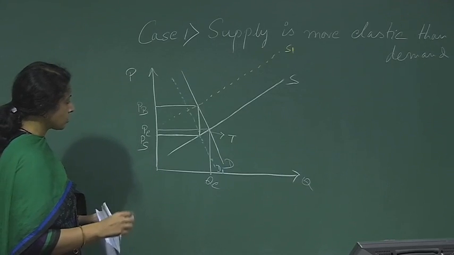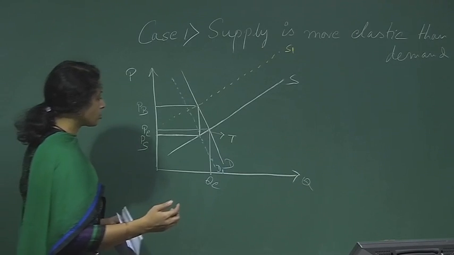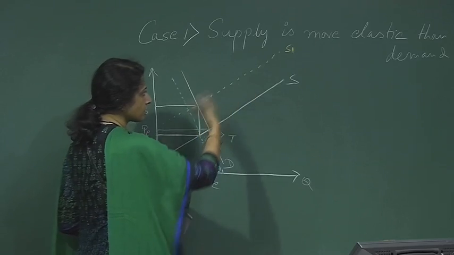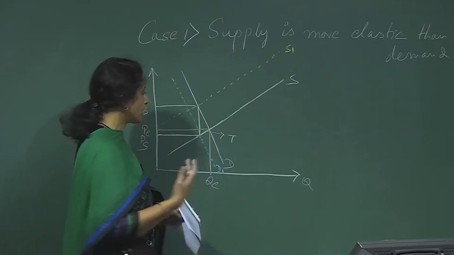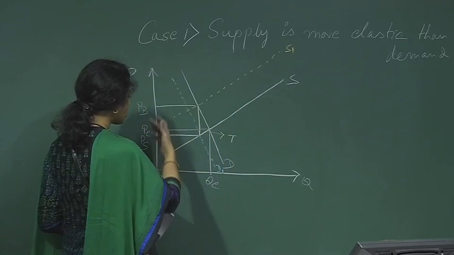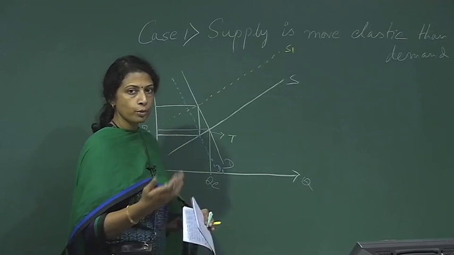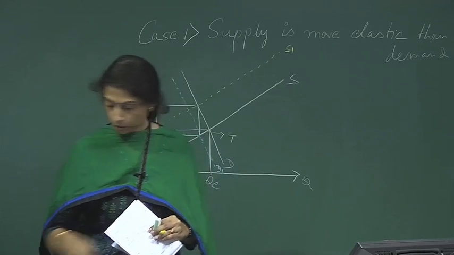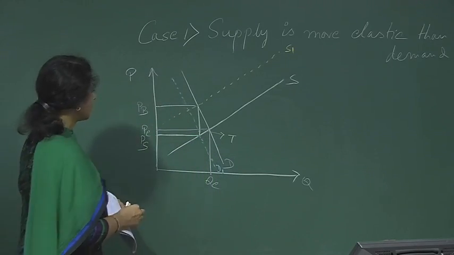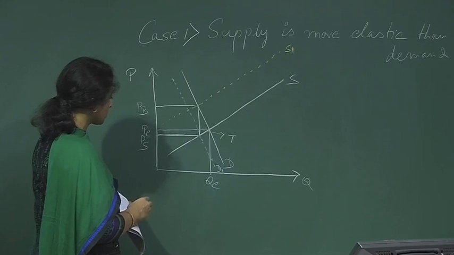And so even without drawing the shift in the demand or the supply curve, we can actually say what is going to be the new price in both cases. So now we can see that this is how the tax is divided between the two.